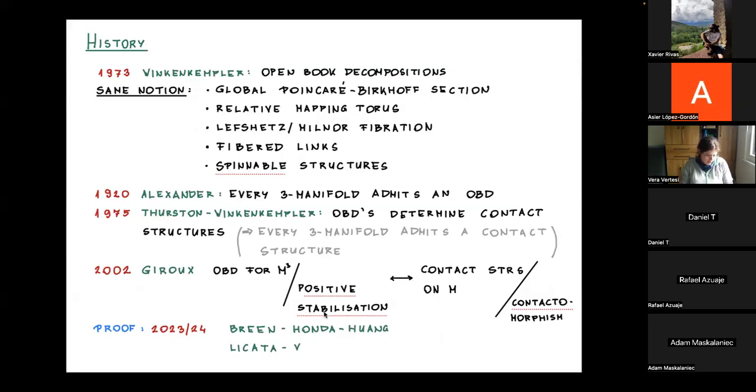So recently, Breen, Honda, and Huang gave a complete proof of it, not only for the case of three manifolds, and I, with Licata, at the same time gave a more restrictive proof for three manifolds, first in a special case, and then in all the cases.